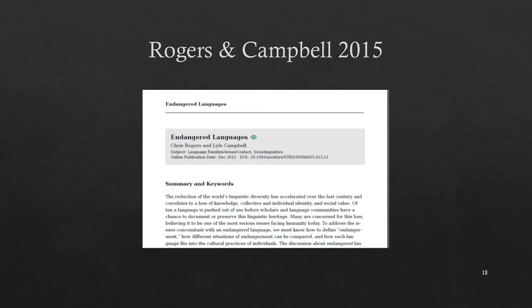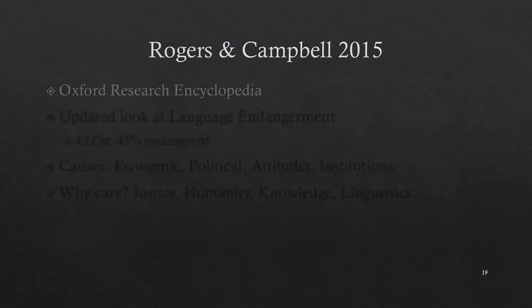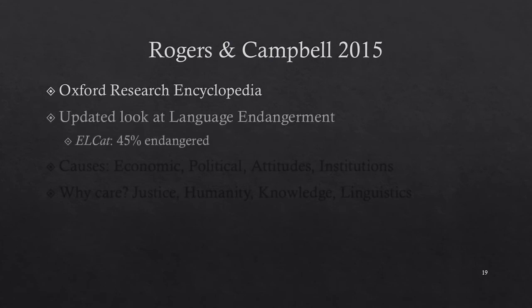This paper by Rogers and Campbell sums up some of the same information from their conference presentation in 2013, so it's useful looking at as a way to see those results in prose form. It's an entry in Oxford Research Encyclopedia. And the first part is an updated look at endangered language, where they summarize the LCAT results again, emphasizing that 45% of the world's languages are endangered.